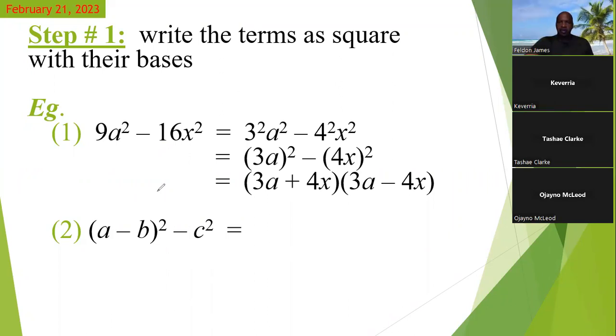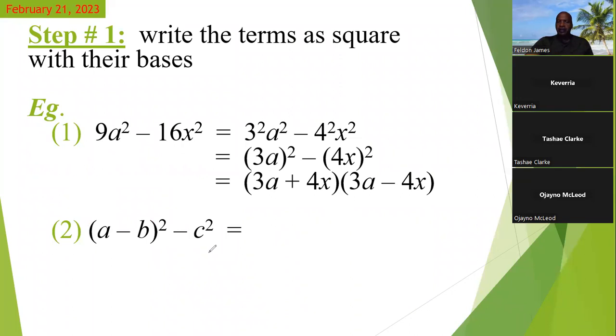Yes, we have two squares. Just because we have this in a bracket doesn't mean that it is not a square term. Remember I said to you that when we are treating things in brackets as a group, we can also think of it as a single unit. So this bracketed expression is considered a single square unit, and so we can have this bracket as a square unit minus the c as another square unit.